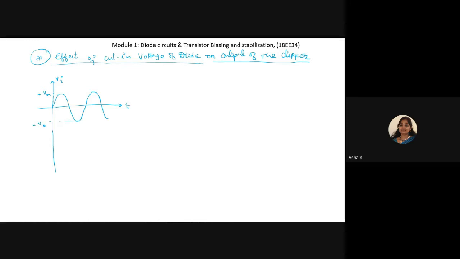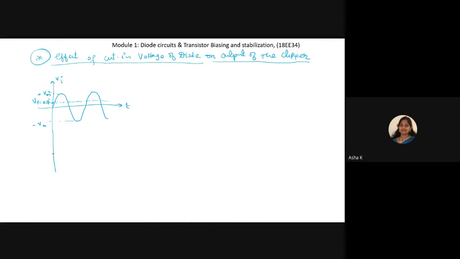Now I have the 0.7 volts somewhere here. Assume that 0.2 volts, if we take 1 and 2 here, 0.7 is somewhere here. So this is my knee voltage 0.7.